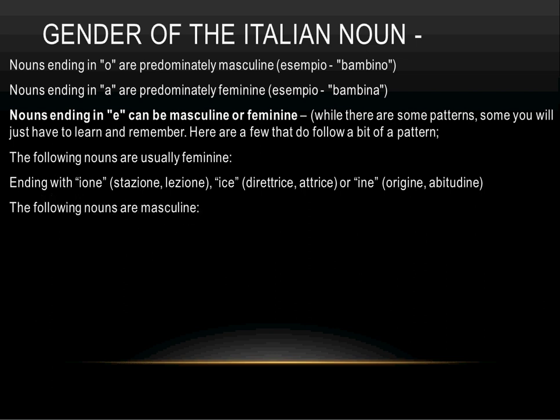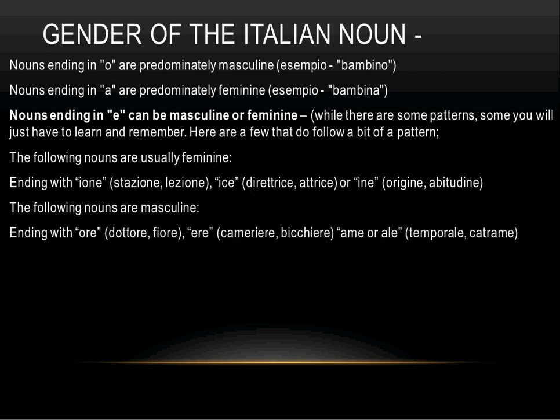The following nouns are masculine. Those ending with ore, such as dottore or fiore. Those ending in ere, such as cameriere or bicchiere. Those ending in ame or ale, such as temporale, catrame.